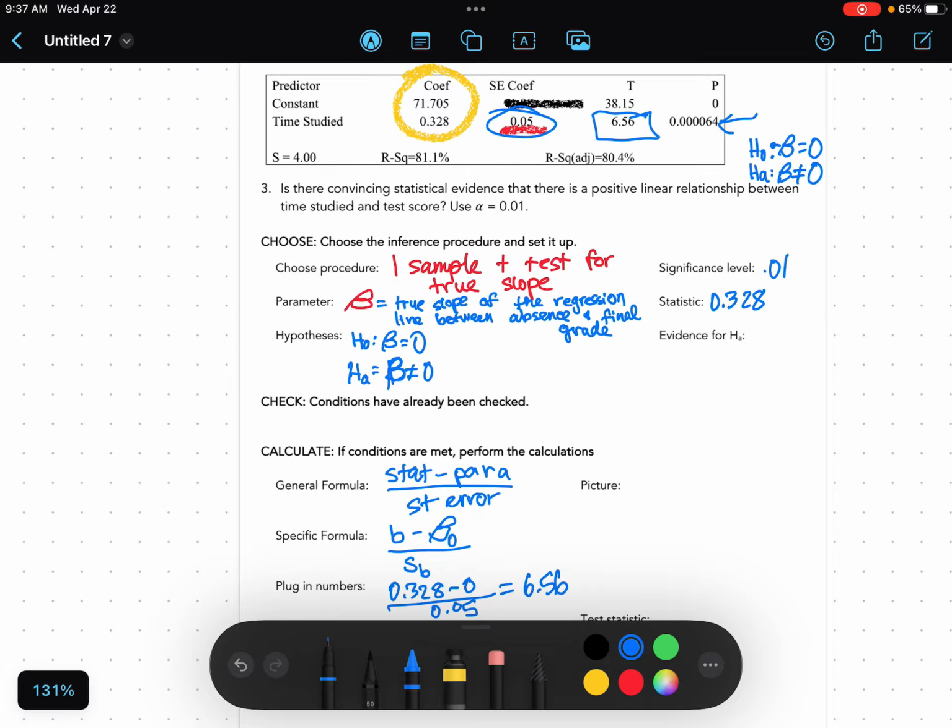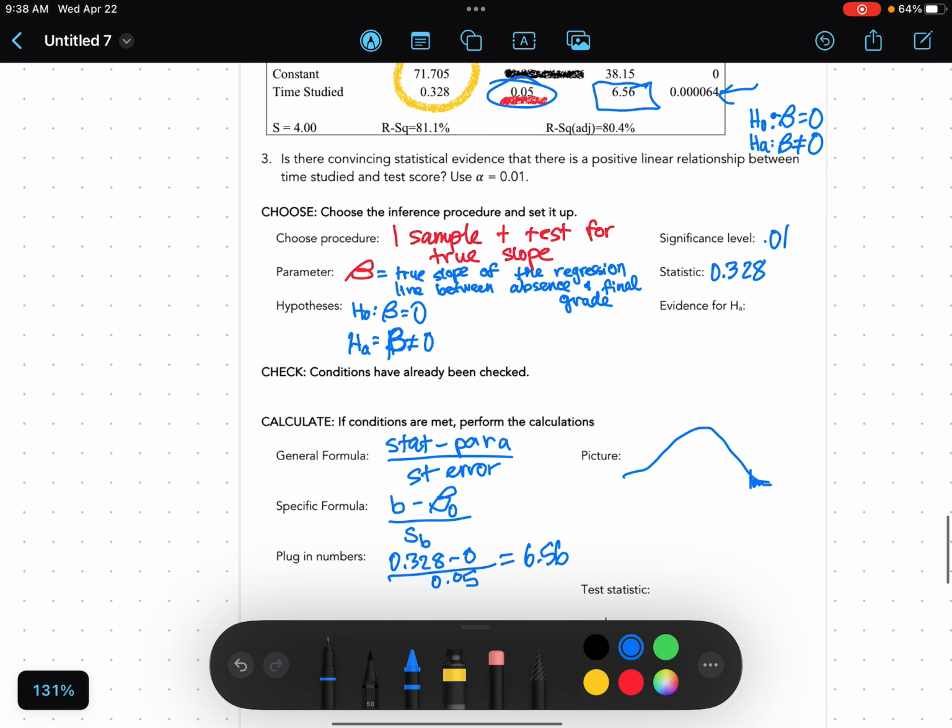On a T graph, we would be so far above here that we'd get this really small shading here.